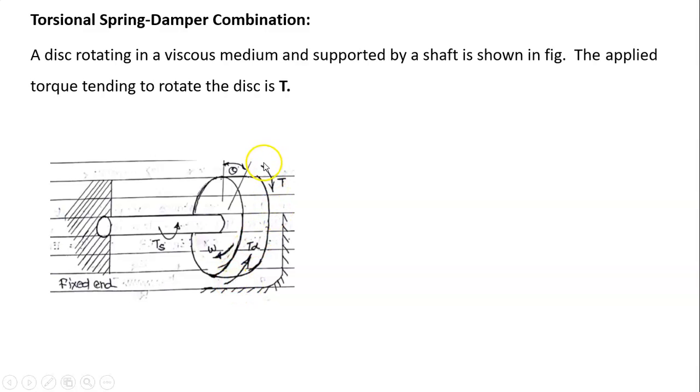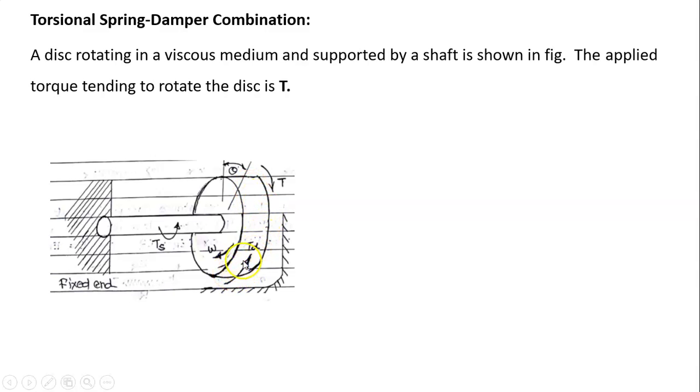Therefore because of this torque T, there will be some angular displacement of the disk. Angular displacement is given by theta. Therefore, because of this torque T, shaft is going to be twisted in clockwise direction, because this torque is acting in clockwise direction, and this disk will also rotate in clockwise direction.